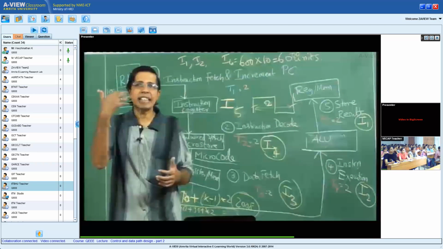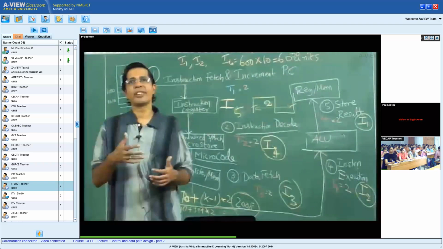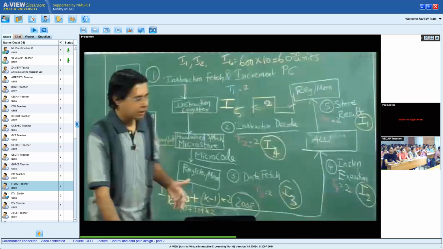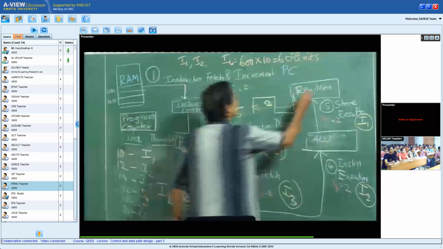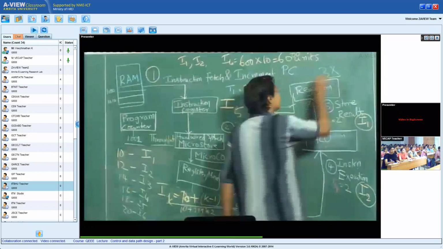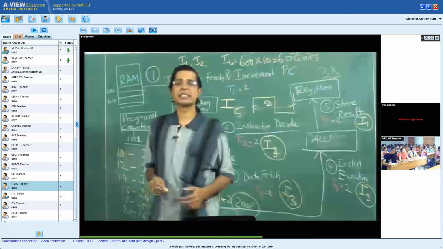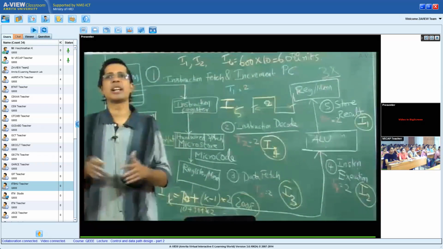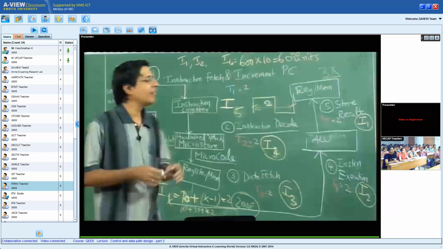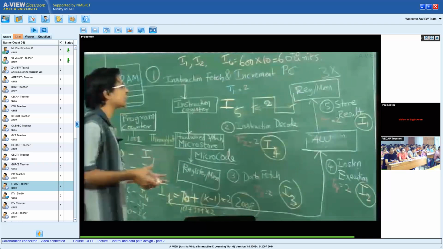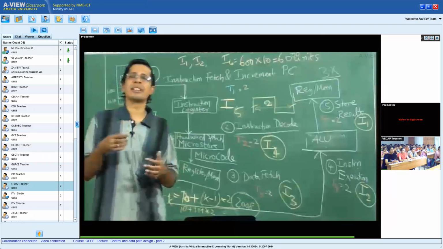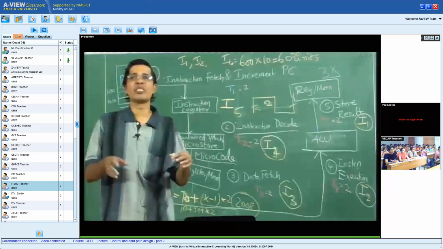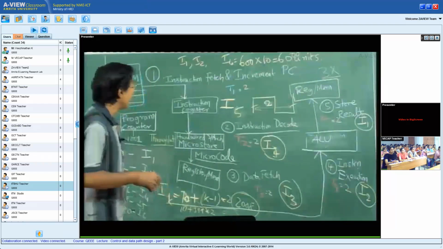So this 3 times, we call 3x. This 3 times speed up actually means a big thing when we look at large programs that run for days together. Even if it runs for 3 hours but you finish it in 1 hour, that also means a big difference from the user's perspective, right.